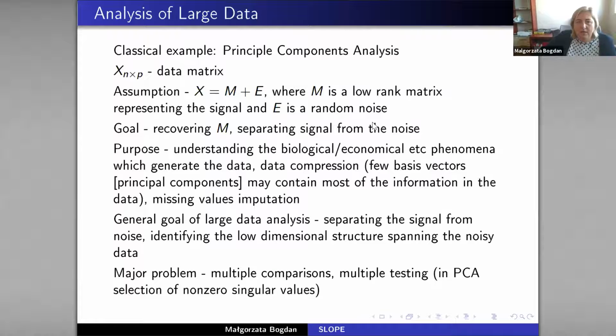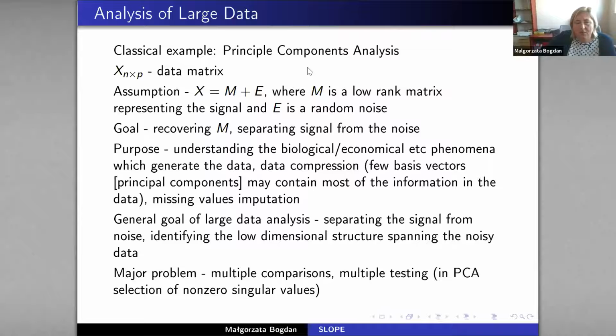Now, what is a major problem in such a data analysis when you have many features which you measure and you try to look for patterns in such a large data set? Well, the point is that if you have such a large data set, then you might see some patterns which might look like biological phenomena, which arise simply due to random chance.